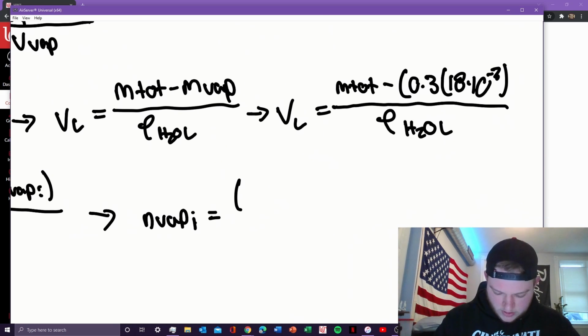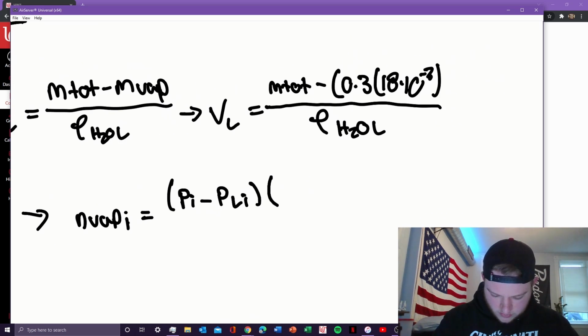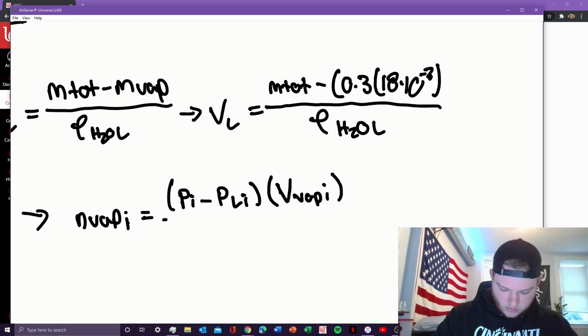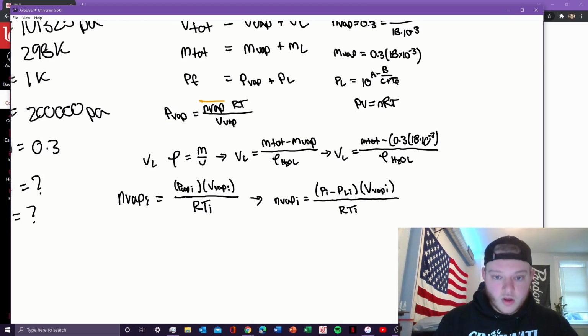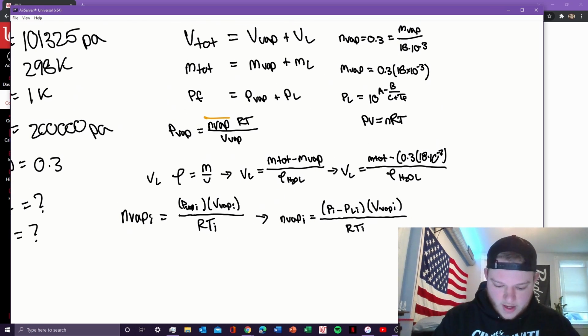So that is going to be pressure initially minus pressure of the liquid initially times pressure vapor initially. So volume of vapor initially, all over R times T initially. Well, there we go. That solves the problem for that variable, so we can erase that.